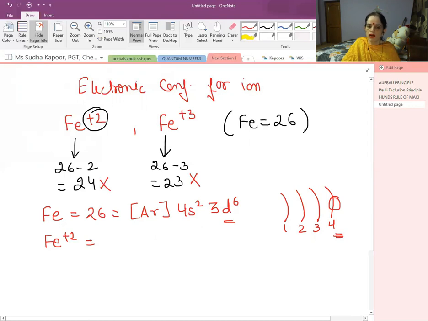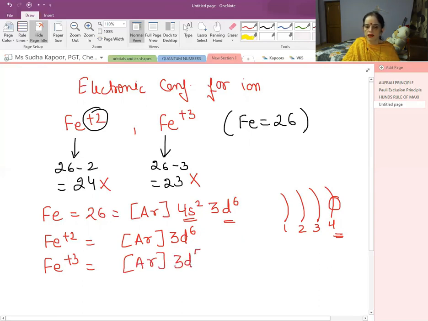So what about Fe2+? It is argon 3d6. The 2 electrons are removed from the 4s part rather than from the 3d. Now, in case of ferric, it is again argon, 1 more electron removed, that is, it becomes 3d5, half-filled, stable in nature.